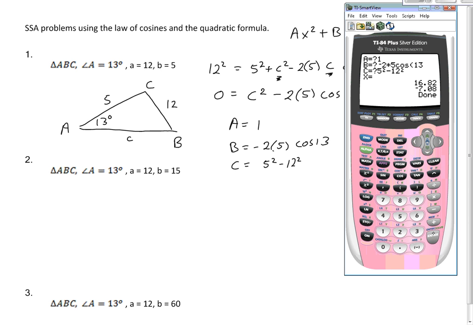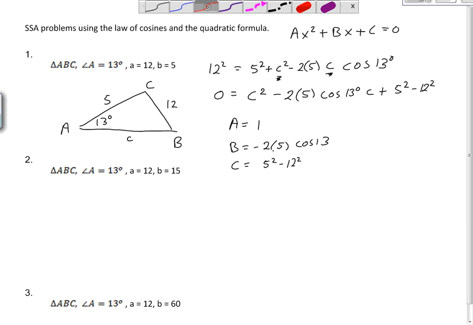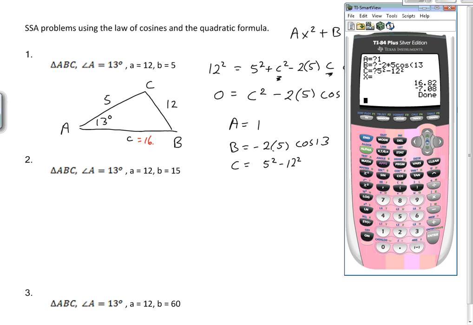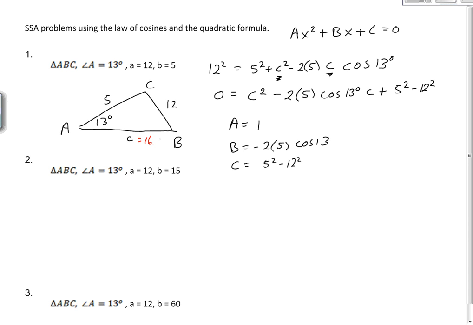Well, you can't have a negative side to a triangle, so this is telling us that we have that situation where only one triangle can be formed. This side C is 16.82.